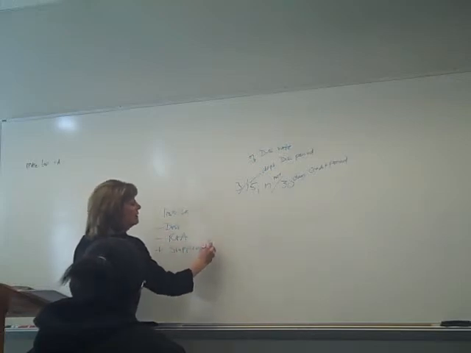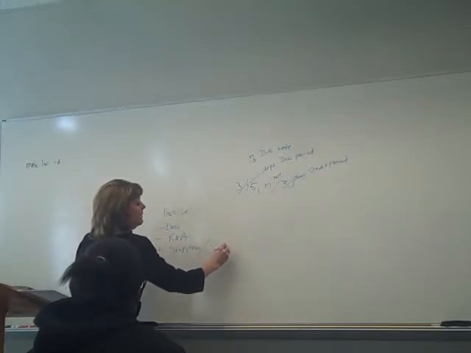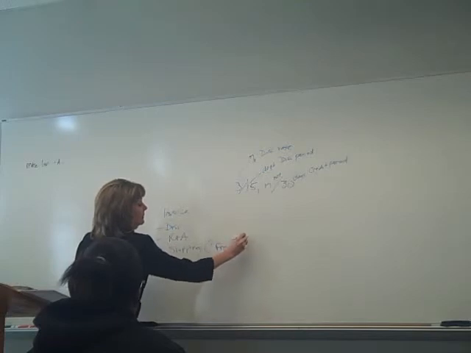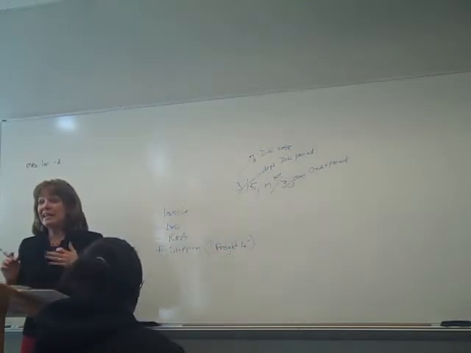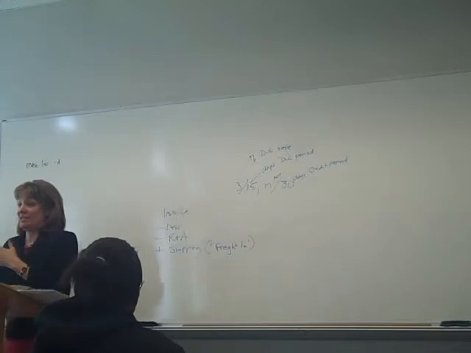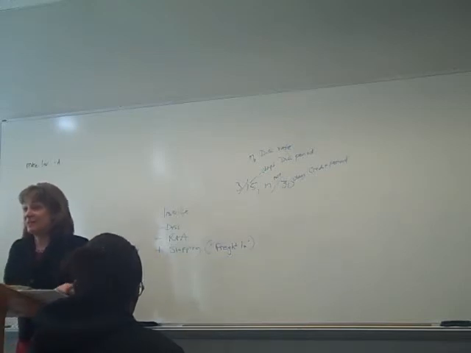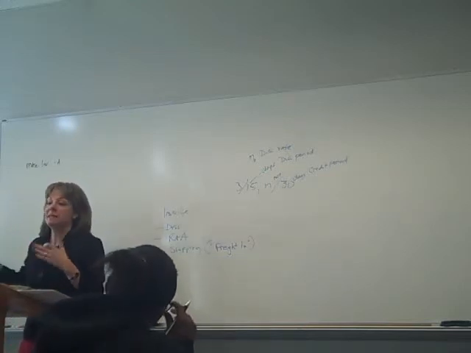And that would be called freight in. This is for Katie. You with me? Because she can't sell those skateboards until she gets them. So that is a cost of getting it ready to be sold.